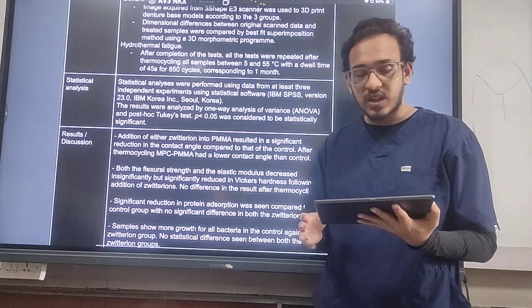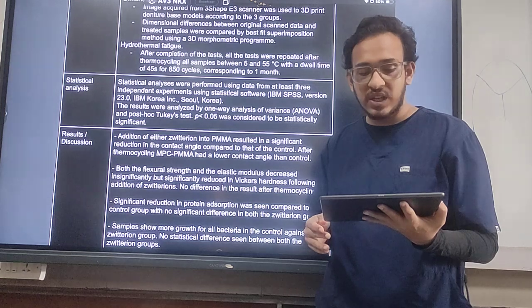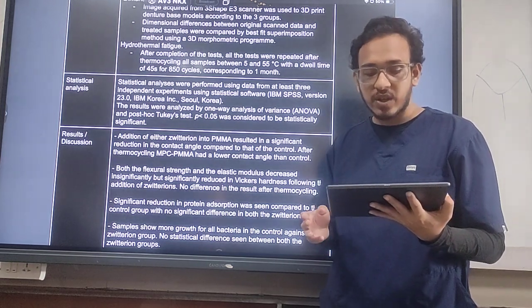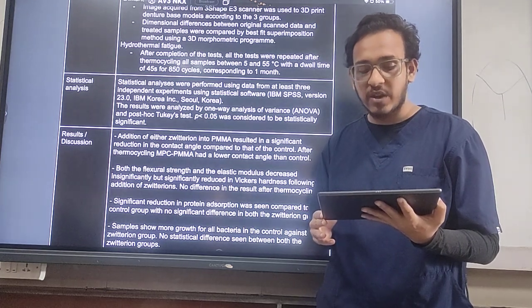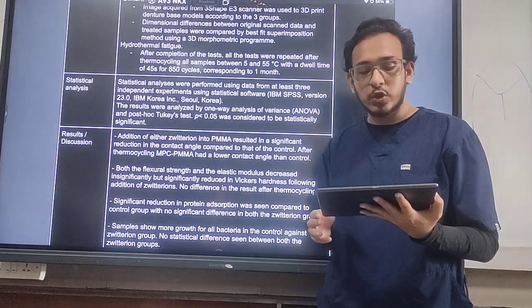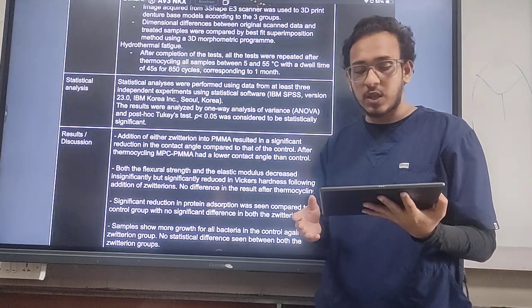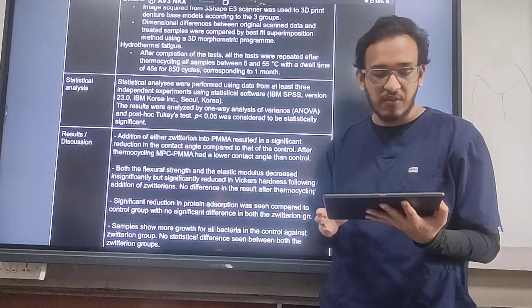Statistical analysis was performed using data from at least 3 independent experiments using statistical software. The results were analyzed by ANOVA and post-hoc Tukey test. A P value of less than 0.05 was considered statistically significant.